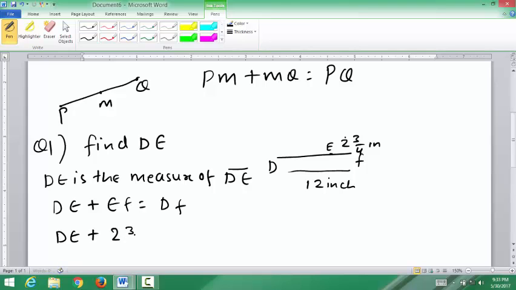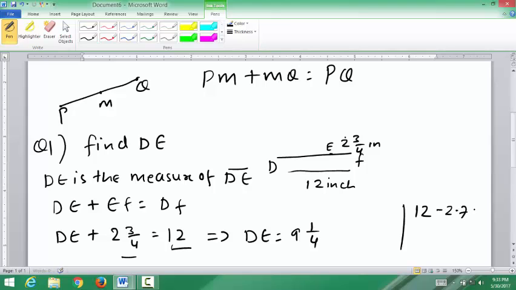EF is 2 3/4 inches, DF will be 12 inches. Now you have to solve it. This will become DE is equal to 9 1/4. Now how does it become 9 1/4? 12 minus 2.75. So this will come to 9.25.